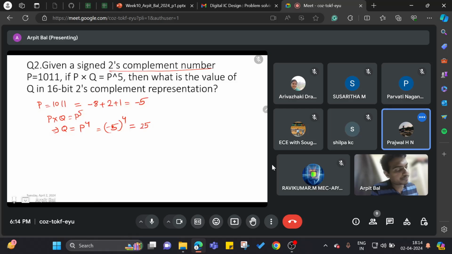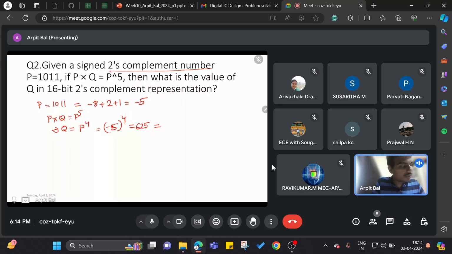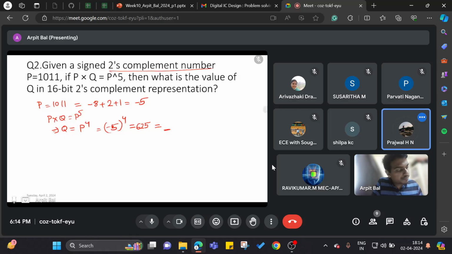Yeah. Okay, so what is its 16-bit 2's complement representation? What will the sign bit be? The MSB. 0. Yeah. And what is its decimal representation? Binary representation. 625.